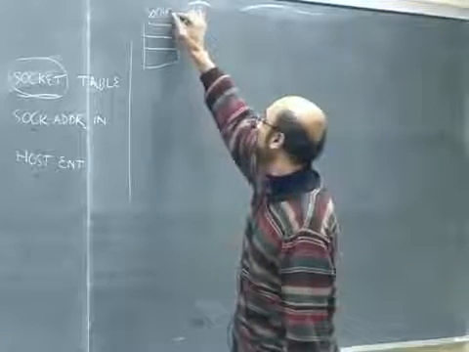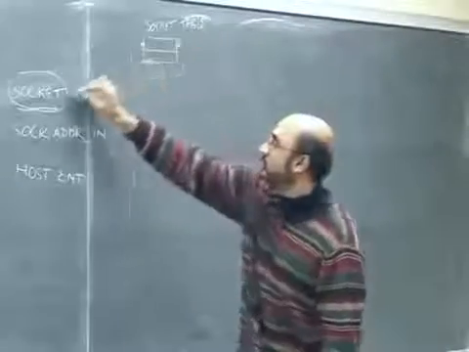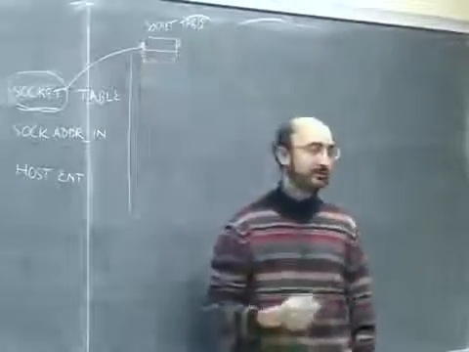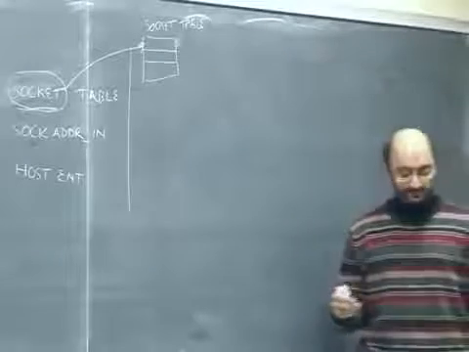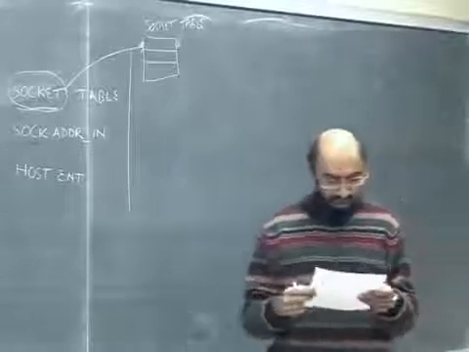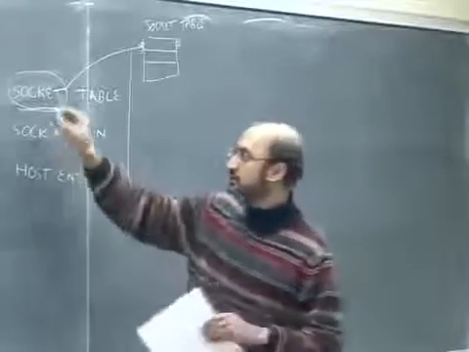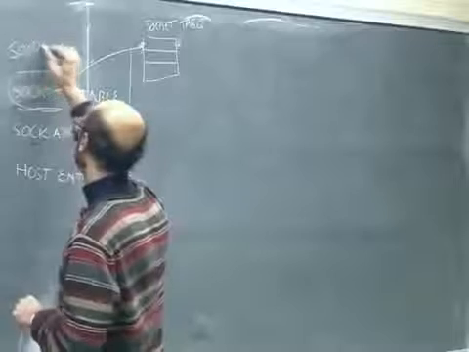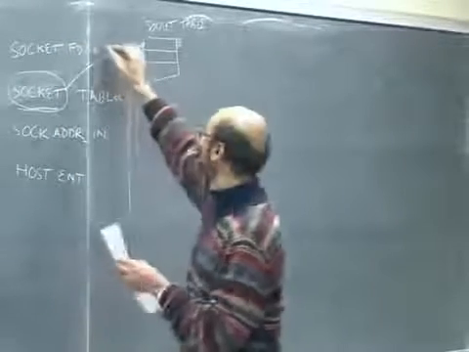The socket itself is nothing more than the index into it: socket number 1, number 2, number 3, and so on. It's just a small integer. So the socket file descriptor, FD, is basically just an integer.